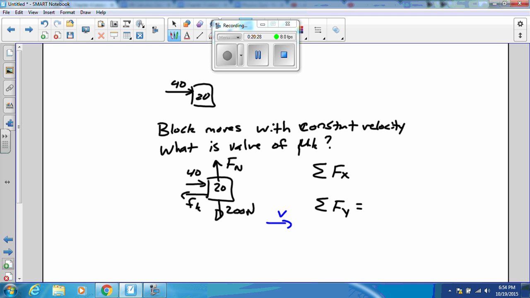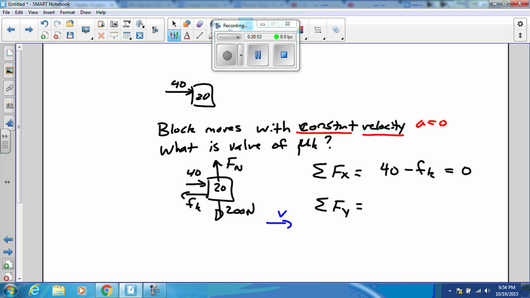Now, we're ready for the sum of forces in the x direction and in the y direction. For the sum of forces in the x direction, we take all of the horizontal arrows. Oops, I got the signs wrong. 40 to the right and Fk to the left. Will this be a Newton 1 or Newton 2 situation?